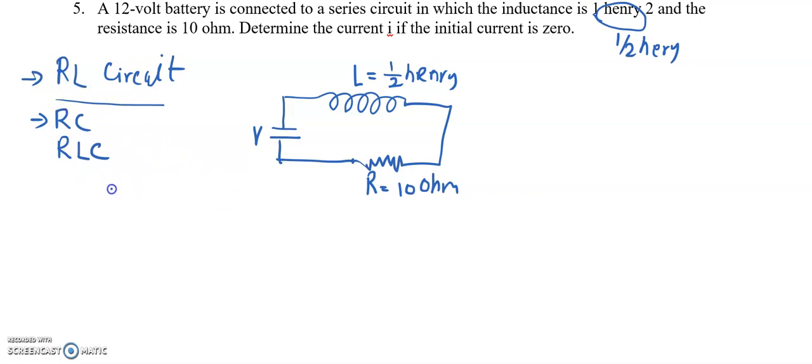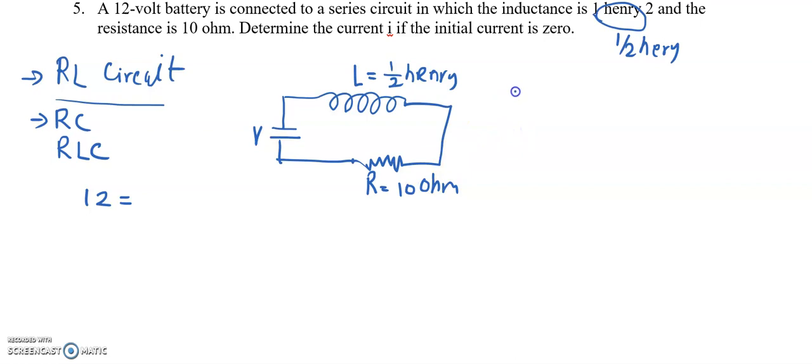So for this RL circuit, the total voltage drop is 12 volt, which is given over here. So this 12 volt will be equal to the voltage drop across inductance plus resistance.